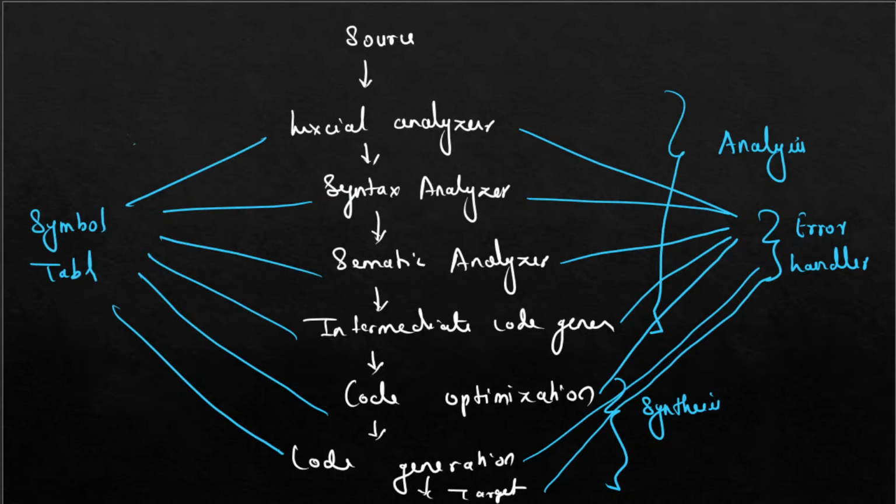So there are a total of 6 phases of the compiler, as you can see. Now let's see one by one, starting with the lexical analyzer. You can tell me if you have any doubt till here, everyone. Any doubt till now?